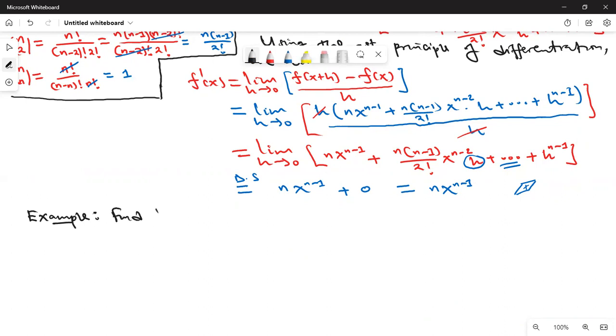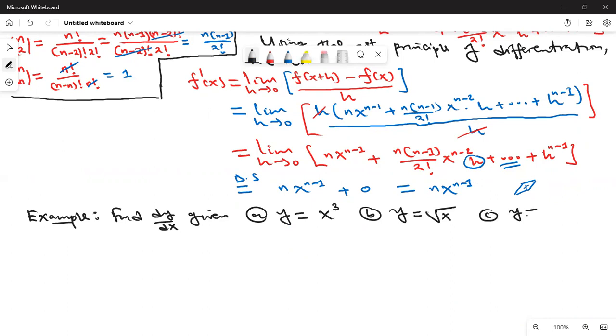Find dy over dx, given that part A, y is equal to x raised to 3, part B, y is equal to the square root of x, part C, y is equal to 1 over x.